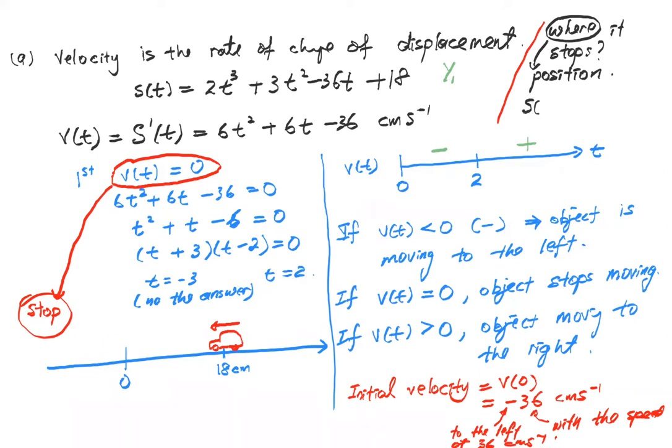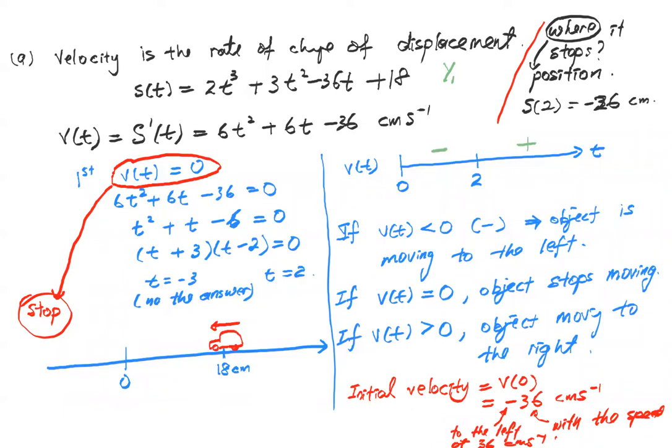You look for S2. So if you key all this into your calculator, can you find S2 easily? Yes. Tell me the answer now. Negative 26. So you better have your calculator with you. Negative 26 cm.